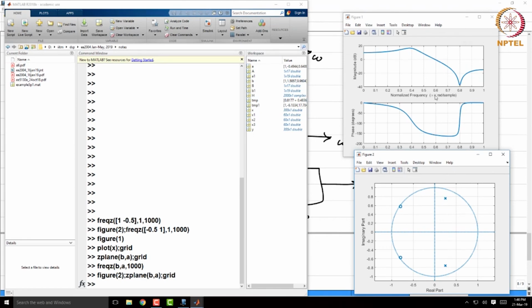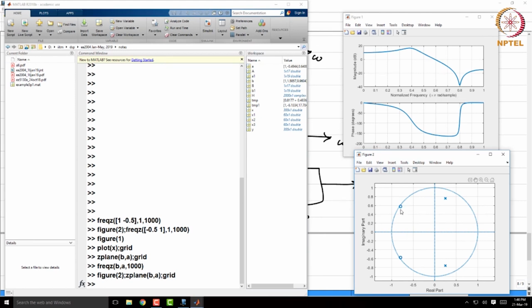So, this is the overall frequency response corresponding to this pole 0 plot, and this is the phase response. And notice that in this region the phase response changes more rapidly compared to elsewhere because of this pole, and similarly in this region the phase response changes even more rapidly because this is very close to the unit circle.